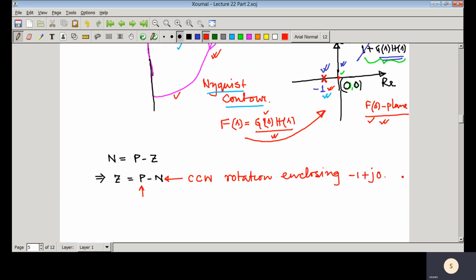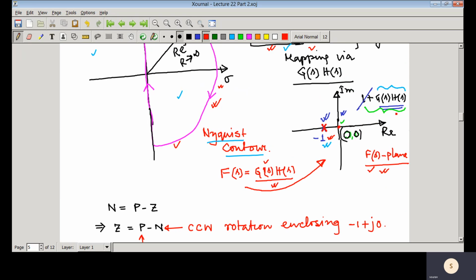So in last class we discussed that if we map through only G(s)H(s), then that critical point would be -1 + j0. If we map 1 + G(s)H(s), then the origin would be that critical point. So in Nyquist stability criteria, we will be plotting through G(s)H(s). So the critical point is -1 + j0.